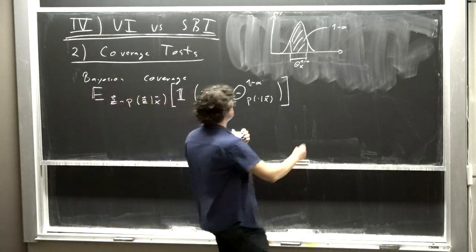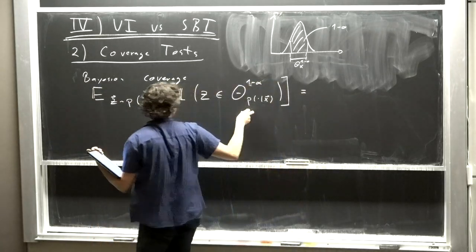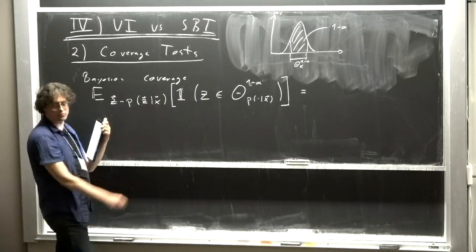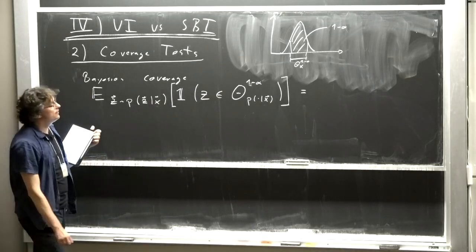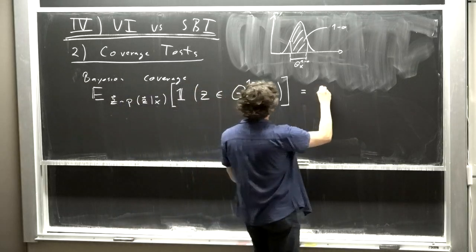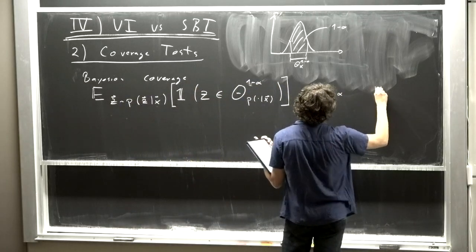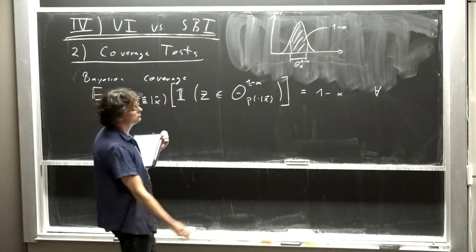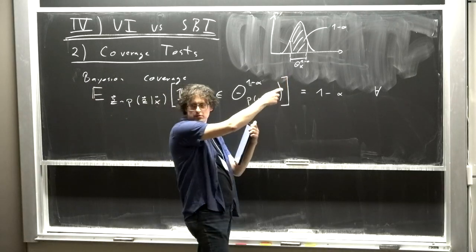And then the idea is, okay, if we have such a region, and then we sample random values from the posterior, then these random values should be inside that region in 1 minus alpha % of the cases. That's automatically true, because that's the way we build the region, right?